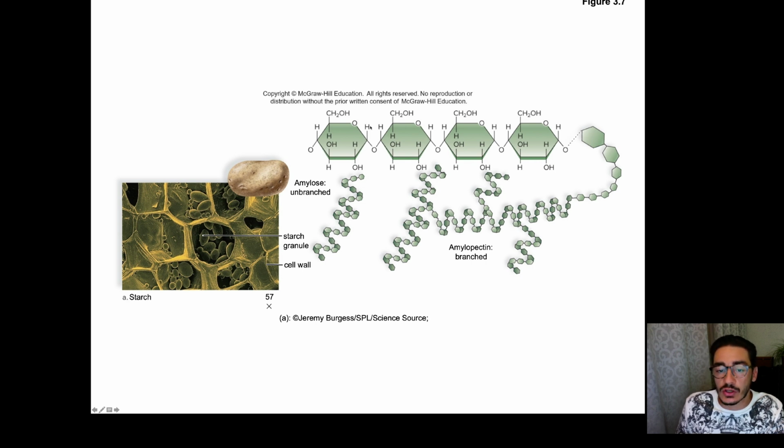You have to break down this molecule into simple molecules, and then it can be absorbed. That's why complex sugars are very healthy, because they introduce glucose at a slow, steady rate, and it's not going to spike your insulin.